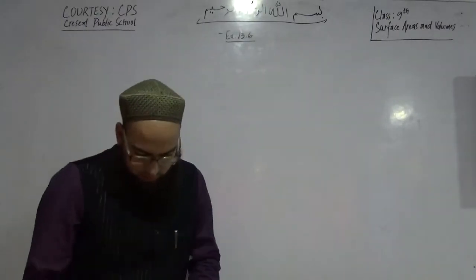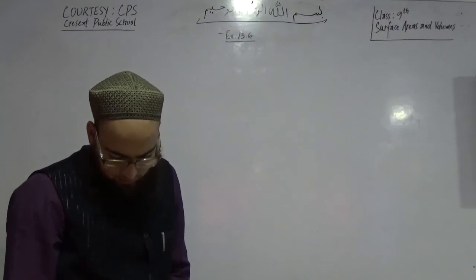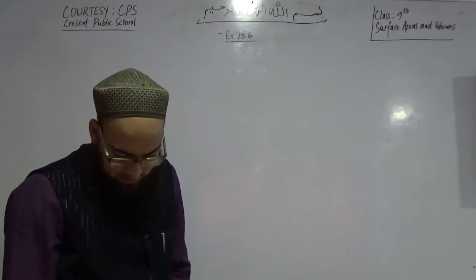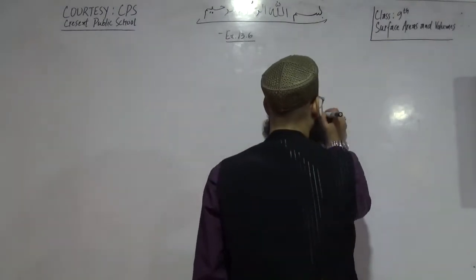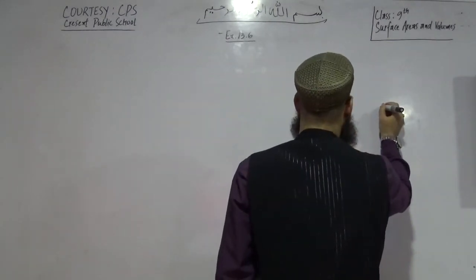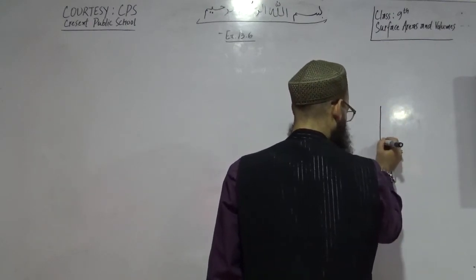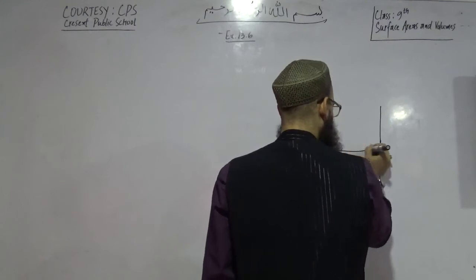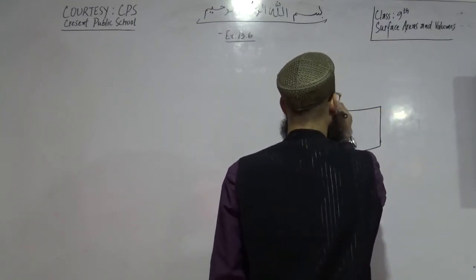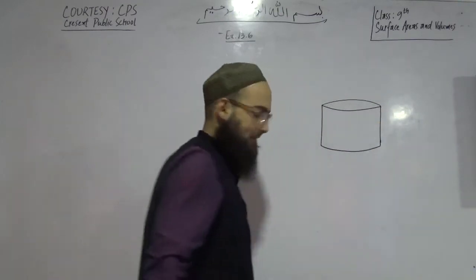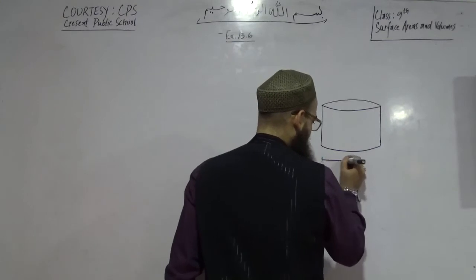Then question number 8. A patient in a hospital is given soup daily in a cylindrical bowl of diameter 7 centimeter. This is a cylindrical bowl in which a patient is given soup daily. Just like this. Diameter is 7 centimeter.